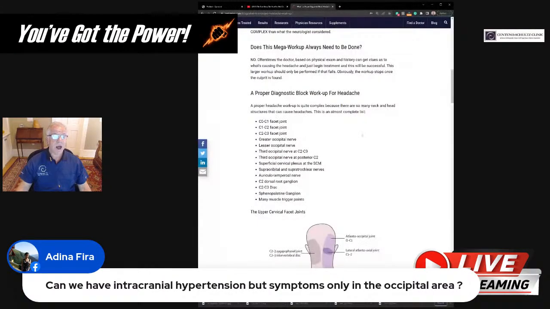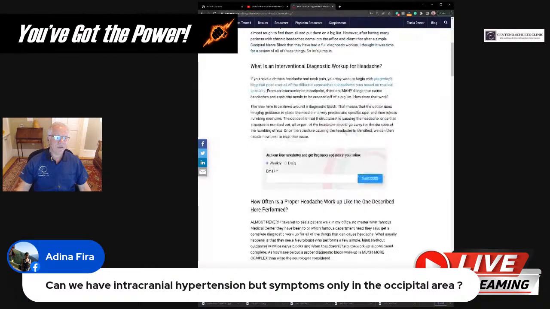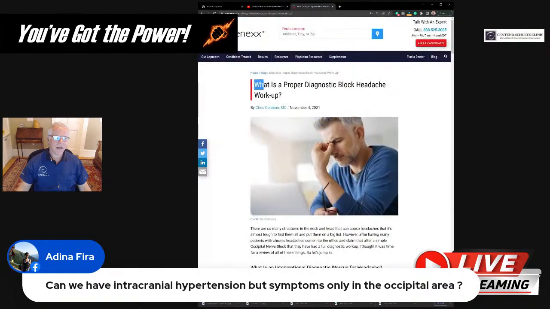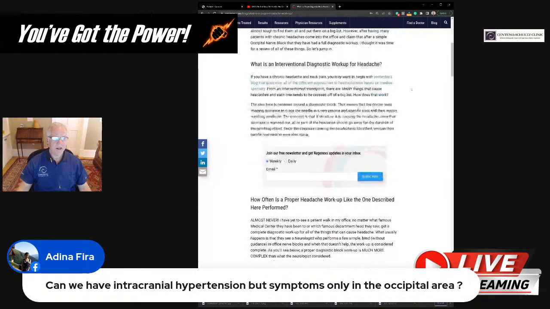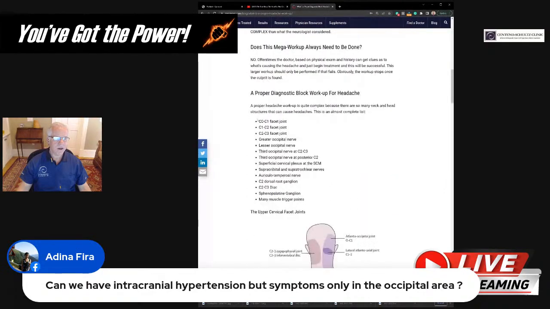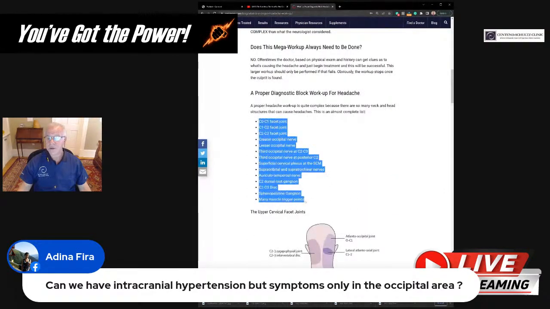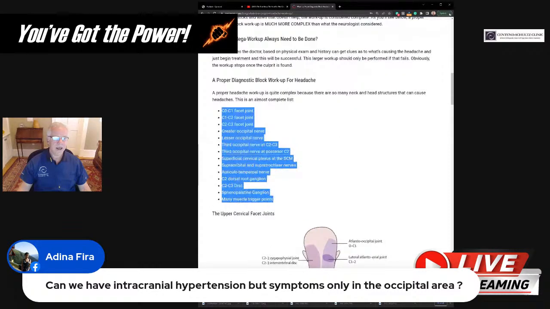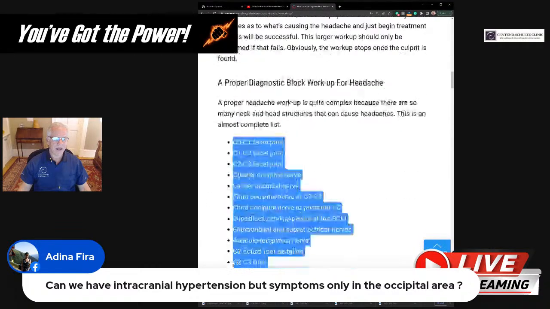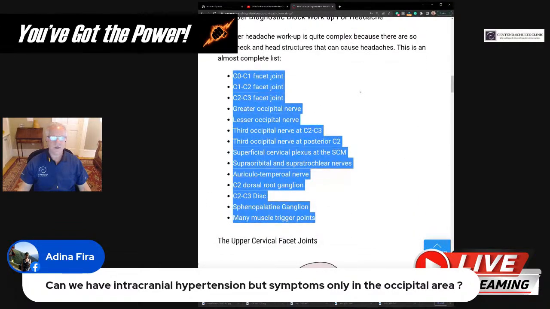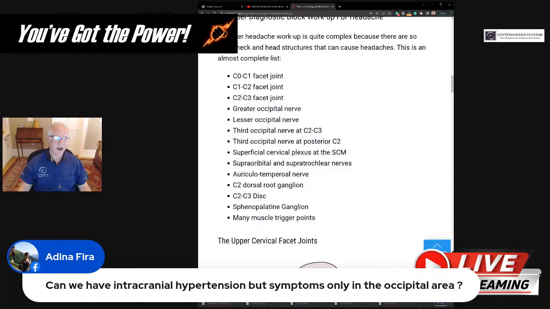So this is that blog I keep referring back to. It's on the Progenics blog: What is a proper diagnostic block headache workup? And you can see here that these are all the structures that can cause pain in the head that are in the neck. So look at all of those different structures, right? We've got 3 different facet joint levels.